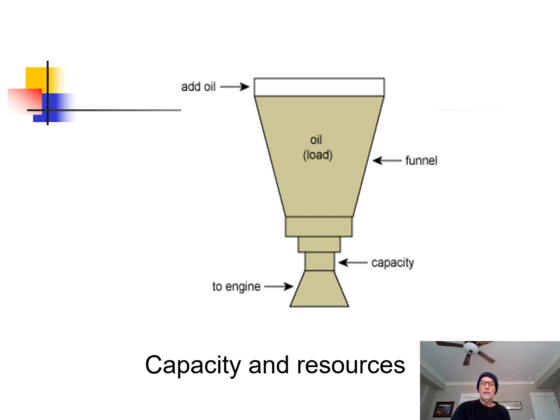And down at the bottom, we have the word capacity with an arrow. And that narrow area regulates the flow of capacity. So if you pour too much oil into a funnel, it's going to start rising, the level, and eventually overflow. So ideally, you want to just put enough oil that is the same as the opening.